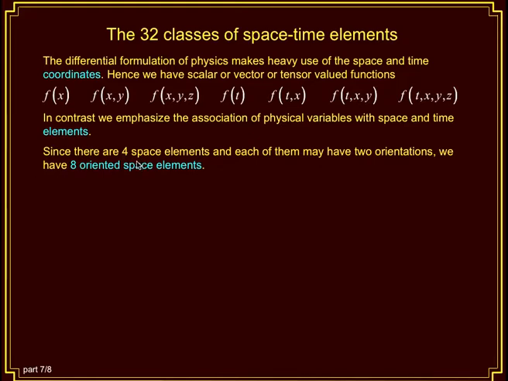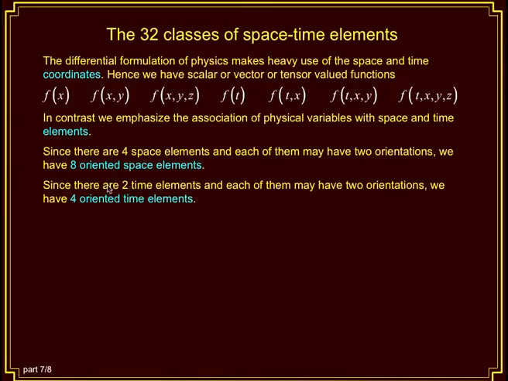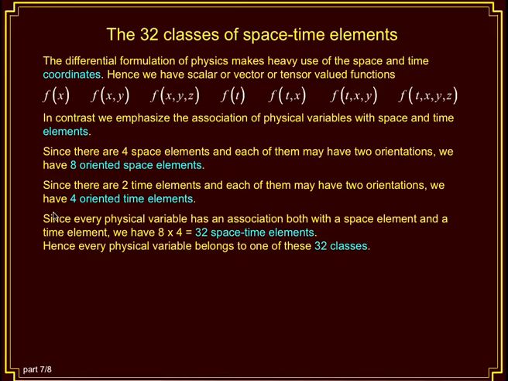Since there are 4 space elements and each of them has 2 orientations, we have 8 oriented space elements. Since there are 2 time elements and each of them may have 2 orientations, we have 4 oriented time elements. Well, since every physical variable has an association both with the space element and with the time element, we have 8 times 4, 32 elements.